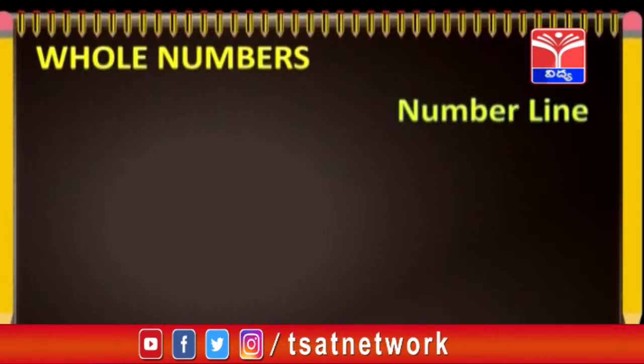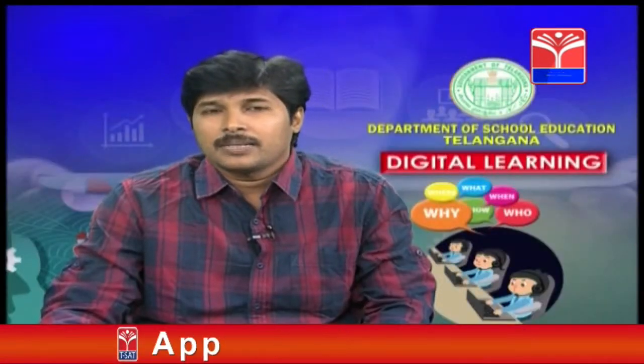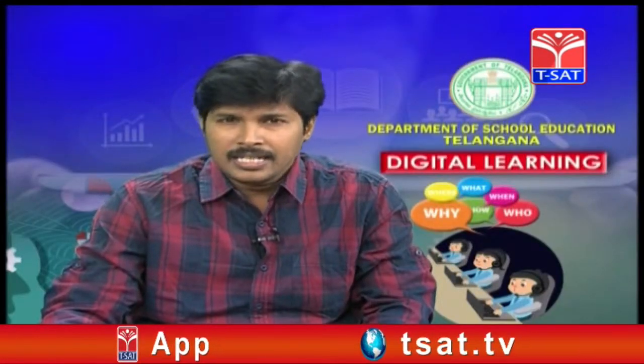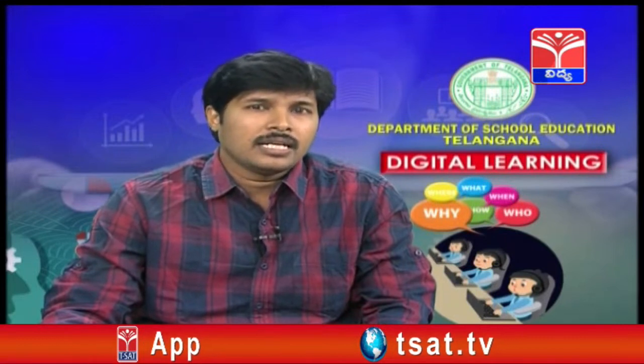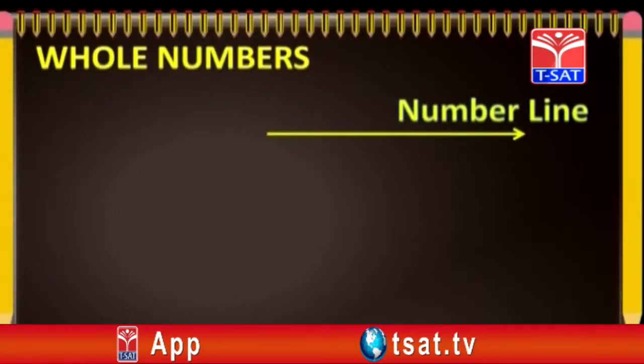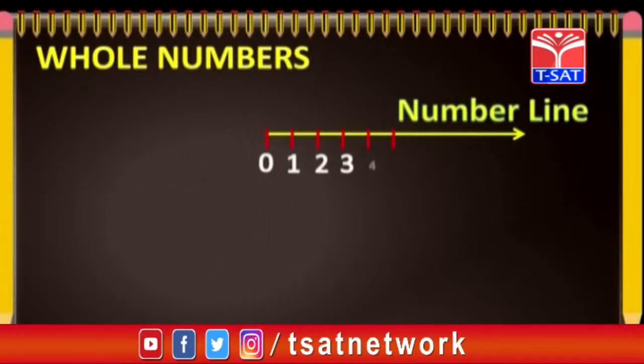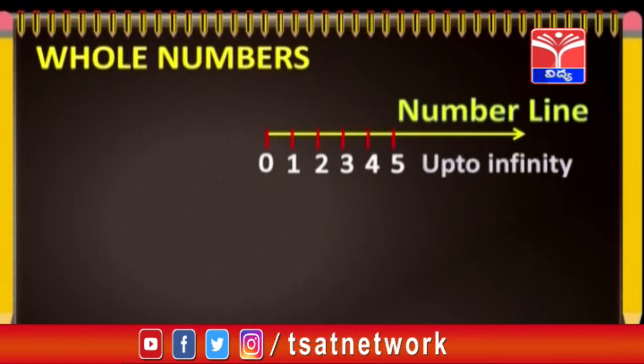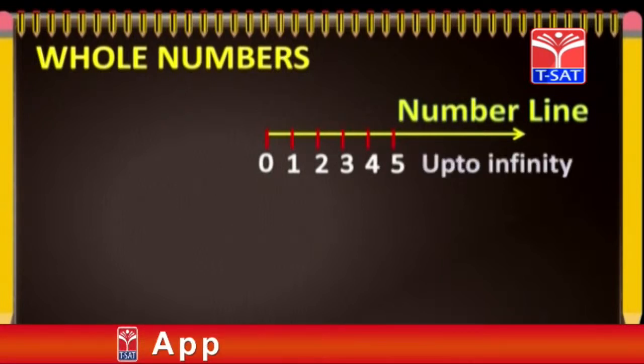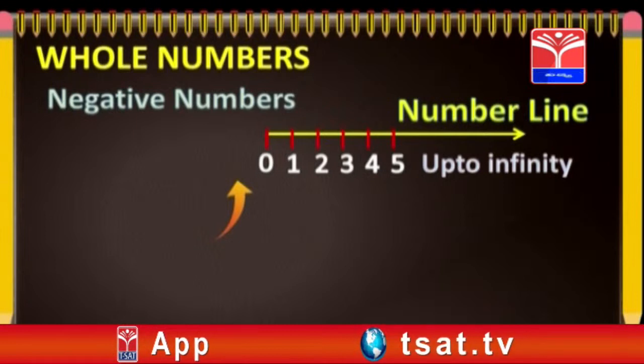Before learning about integers and their representation on the number line, let us take a look at the number line of whole numbers. On the number line of whole numbers, we start from 0, thereafter 1, 2, 3, 4, 5 up to infinity. To this number line, we include negative numbers to the left side of 0.